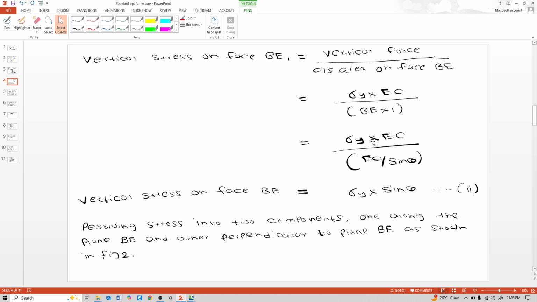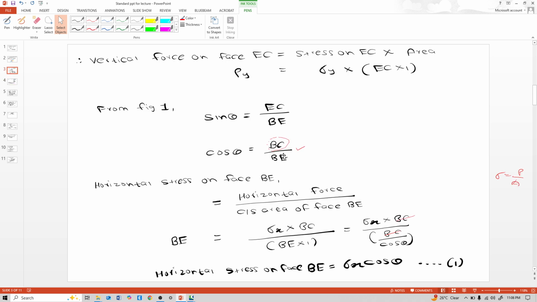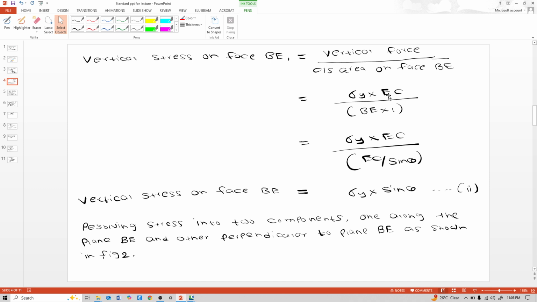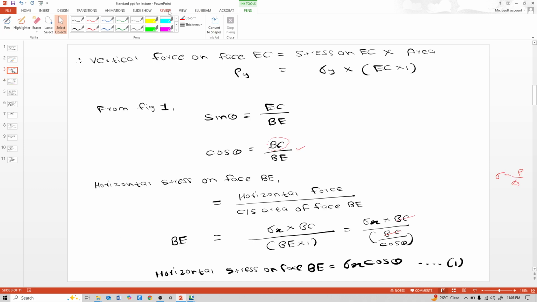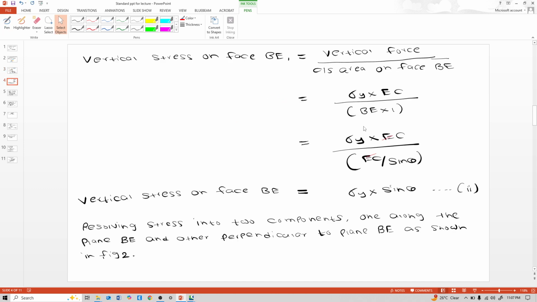We have to cancel this EC, so we use BE is equal to EC upon sin theta. So vertical stress on face BE is equal to sigma y sin theta.